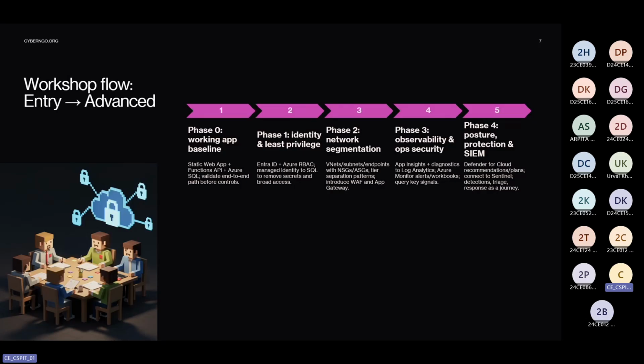Then we are also going to enable the RBAC model. On top of that, we are also going to remove any kind of secrets that you may have in either the database system or the API system. It really depends on how you are building these blocks.